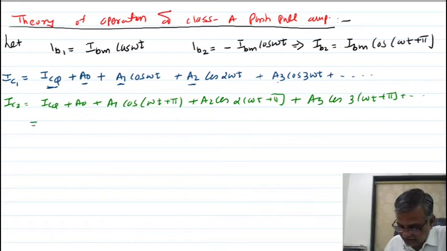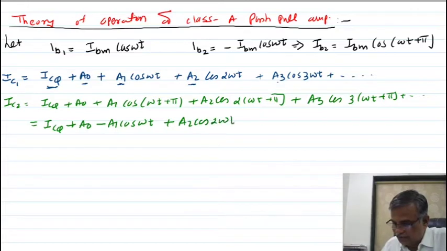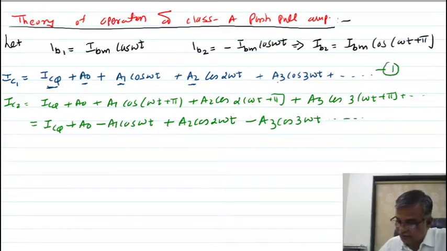So I can write it as ICQ plus A0, minus A1 cos omega t, because cos pi plus theta is minus cos theta, so I am writing this. This is plus A2 cos 2 omega t, because cos 2 omega t plus 2 pi. So you can write minus A3 cos 3 omega t and so on. Say this is equation number 1. Say this is equation number 2.